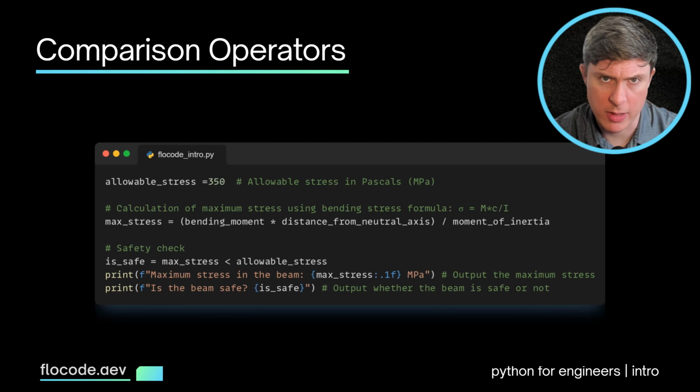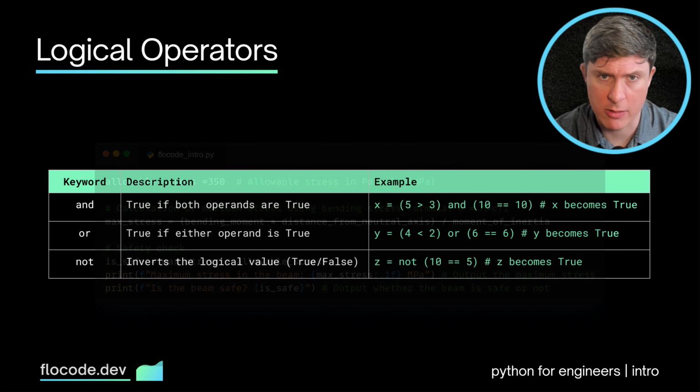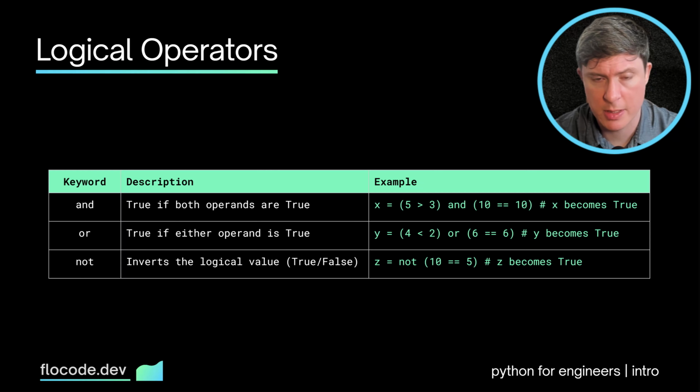Let's talk a little bit about logic and understanding how to program your engineering decisions. Logic operators, which include and, or, and not, allow you to build complex conditions that reflect real-world scenarios. So say you're selecting some materials. Is this strong enough and cost-effective? A logic operator lets you express these nuanced requirements within your code.